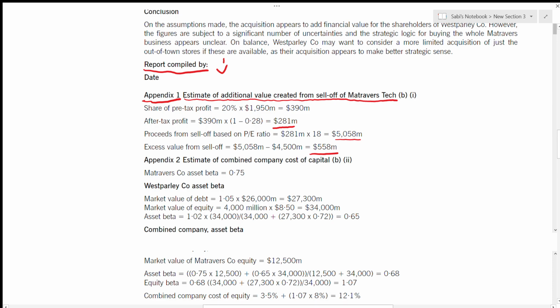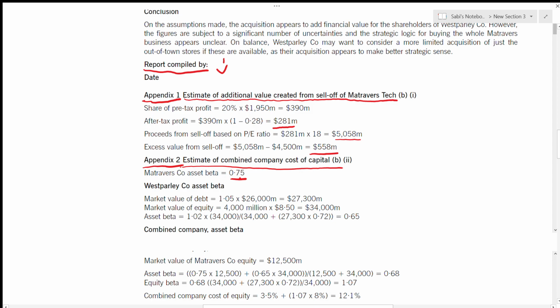Okay, so this is appendix 2. The name given is estimate of the combined company's cost of capital. Always name your appendix, so that it is easy for you to relate to it in the report. The asset beta has already been given at 0.75.